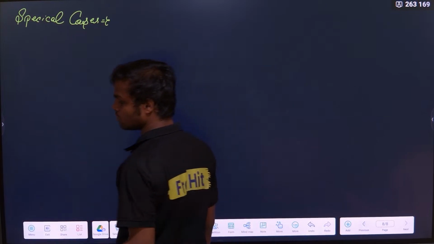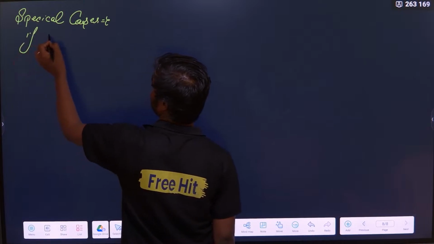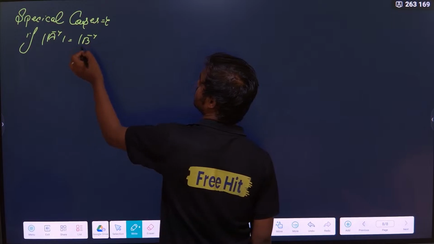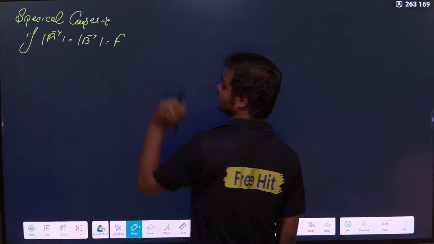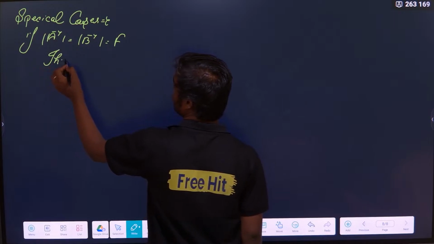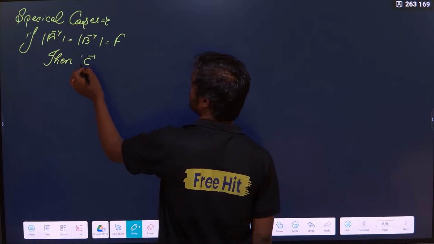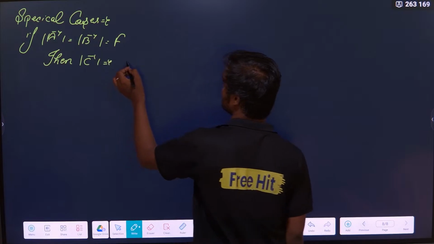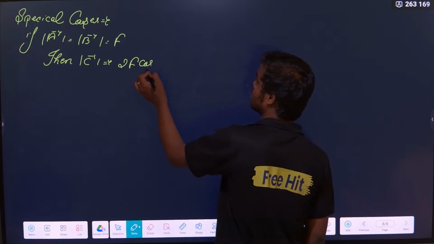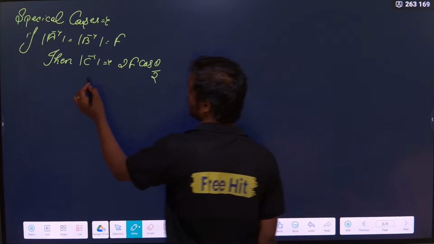Suppose the magnitudes of vector A and vector B are both the same, that is F. Then remember, the mod of C vector, that is the resultant vector, has its value fixed: 2 times F cos theta by 2. Now there are three cases.